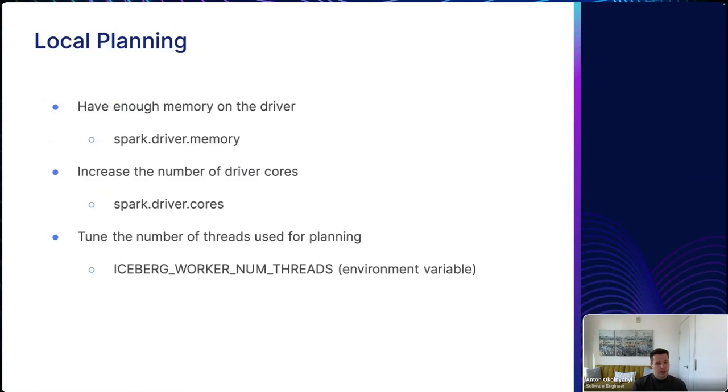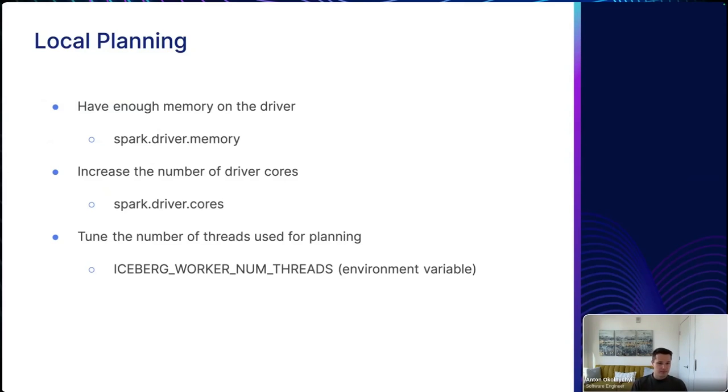If you opt for local planning, make sure you have enough memory on the driver, because you don't want to be in constant garbage collection. You also need to give enough cores to the driver, because this would impact how many manifests Iceberg can process at the same time.